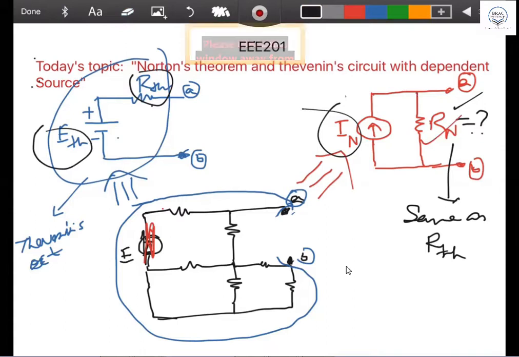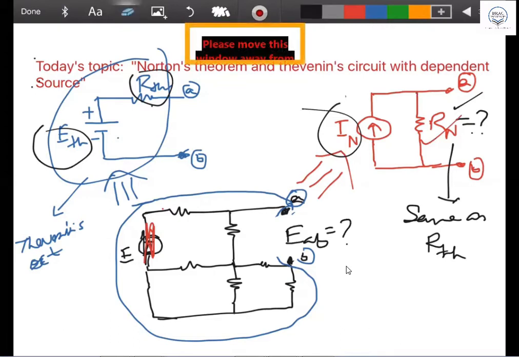That means the VAB, he found EAB, the open circuit voltage. Last class I told you how to find the open circuit voltage. Now, Mr. Norton did what? If Thevenin did open circuit, Norton should do what? Any child can understand.